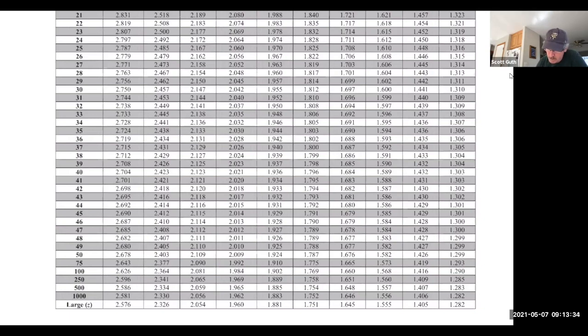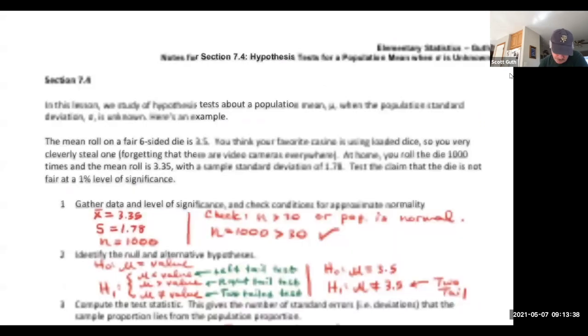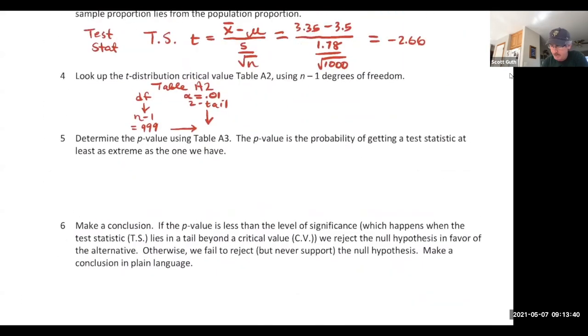Okay, so let me go back here. So I'm going to leave it at 9. Oh, I forgot. Did it say 2.581? I think it did. So I'm just going to make a note here.